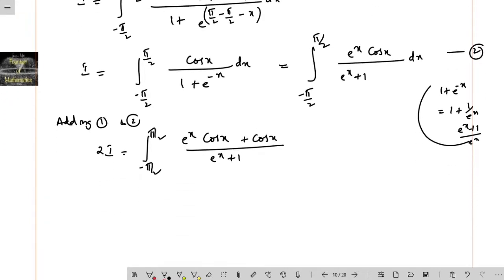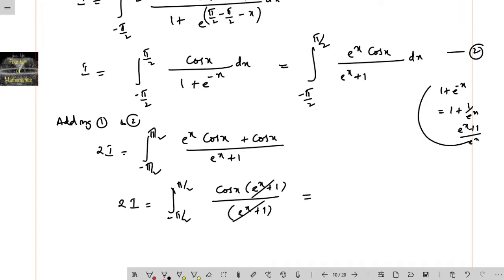Now if I take cos x common in the numerator, I can cancel them. 2I is equal to the integral from −π/2 to +π/2 of cos x (e^x + 1) divided by (e^x + 1). So both we can cancel and we can just solve the integral of cos x, which is sin x.